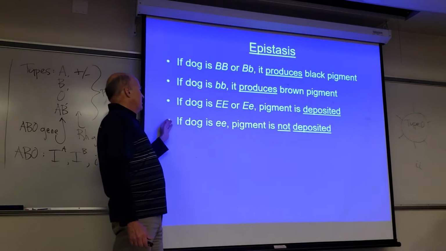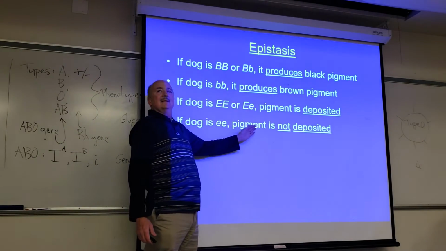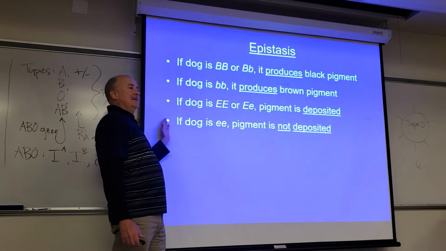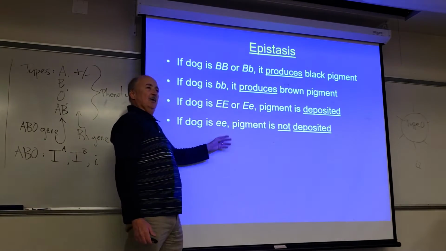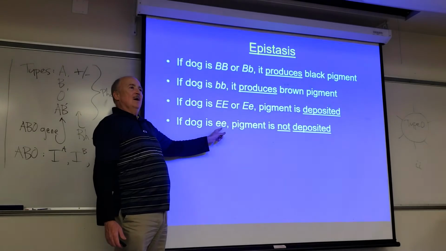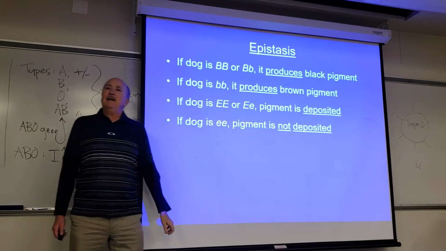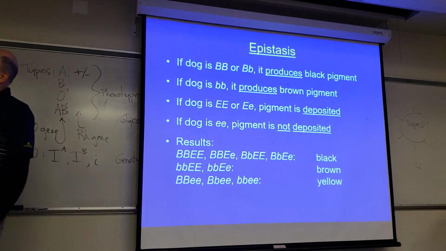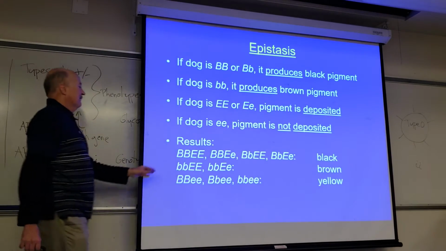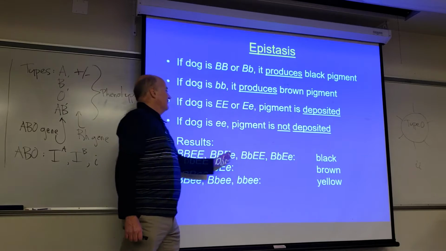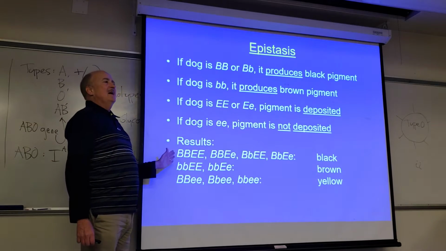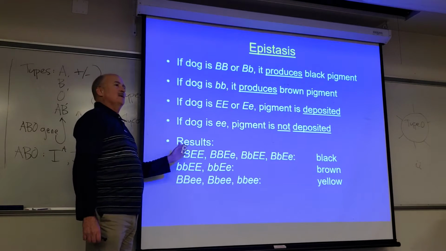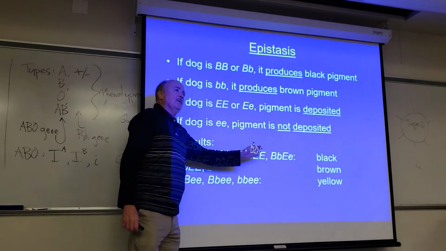What color dog do you get in this last case? Black, brown, or yellow? Yellow. Any dog with the little e will be yellow, and it won't matter what this one was having to say. So you end up where you've got four different versions that have at least one dominant or two dominants for both of the genes.